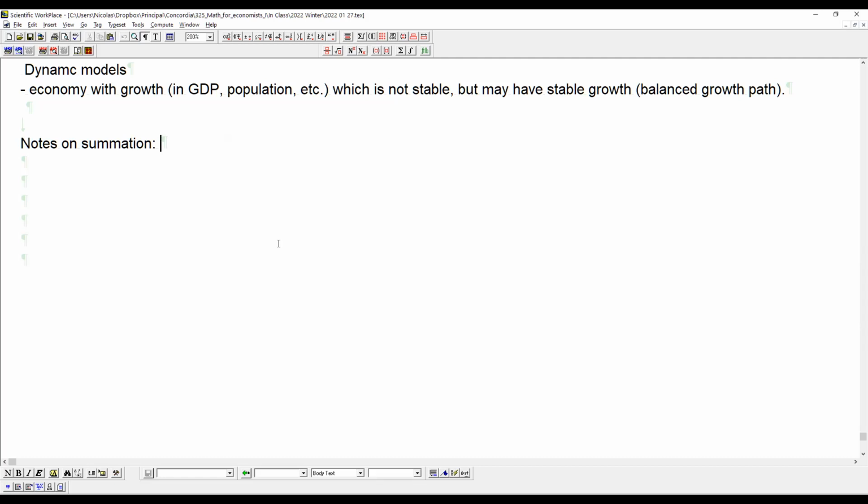All right, so what's a summation? x1 plus x2 plus x3 plus x4. You can write this more easily this way: summation from i equals 1 to 4 of xi.